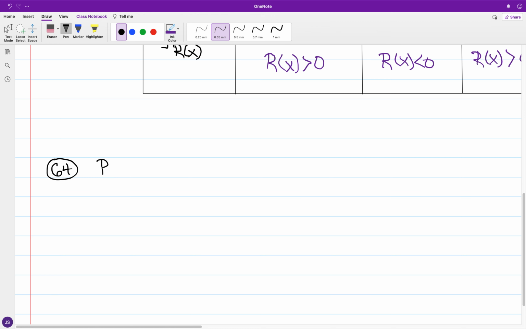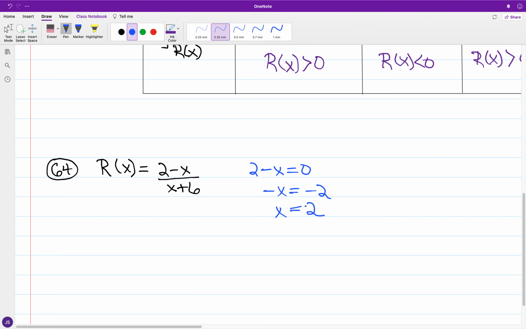Now, in the case of number 64, for this item, the given function is 2 minus x over x plus 6. Looking for the zeros: if 2 minus x is equal to 0, and I isolate the x terms, I have negative x equal to negative 2, and changing the signs, whether through multiplying or dividing by negative 1, the negatives become positive, so x is equal to 2.